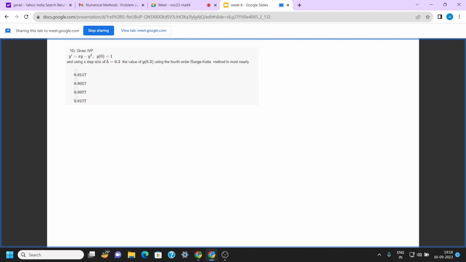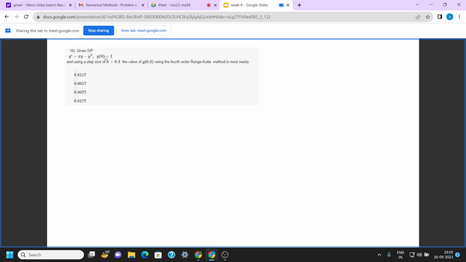Question number 10 is: given the IVP y dash is equal to xy minus y square, where y of 0 is equal to 1, and using a step size of h equal to 0.3, the value of y of 0.3 using the fourth order Runge-Kutta method is most nearly what?